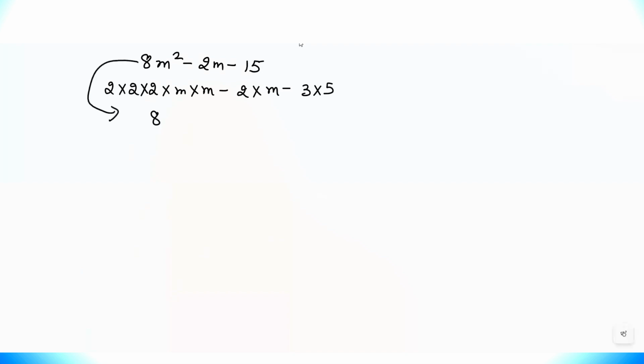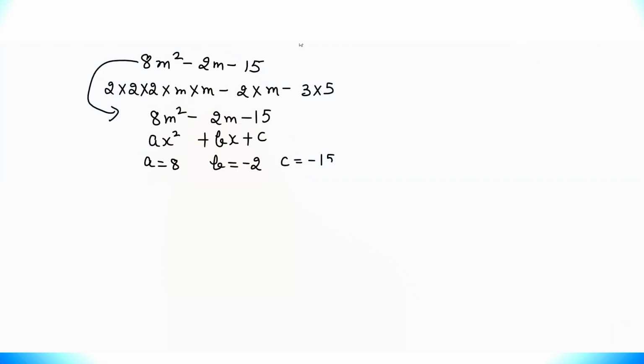So for that, I have to multiply a with c. So I'll compare it with ax squared plus bx plus c. So the value of a is 8, the value of b is minus 2, and the value of c is minus 15. So a into c is equal to 8 into minus 15, which is equal to minus 120.